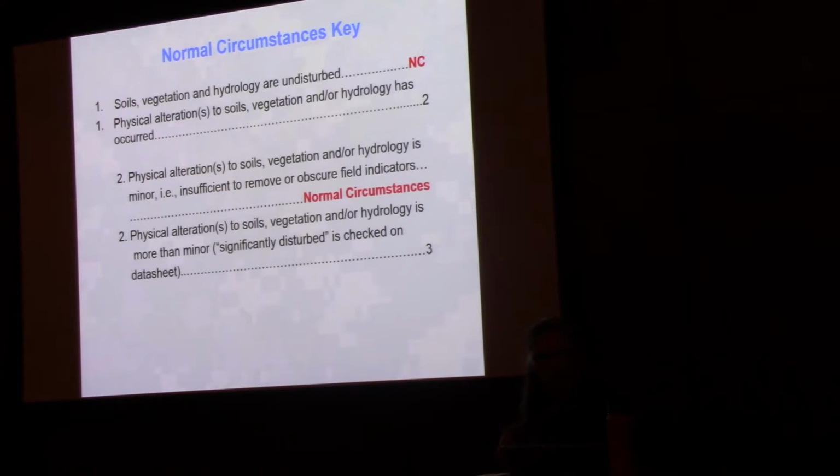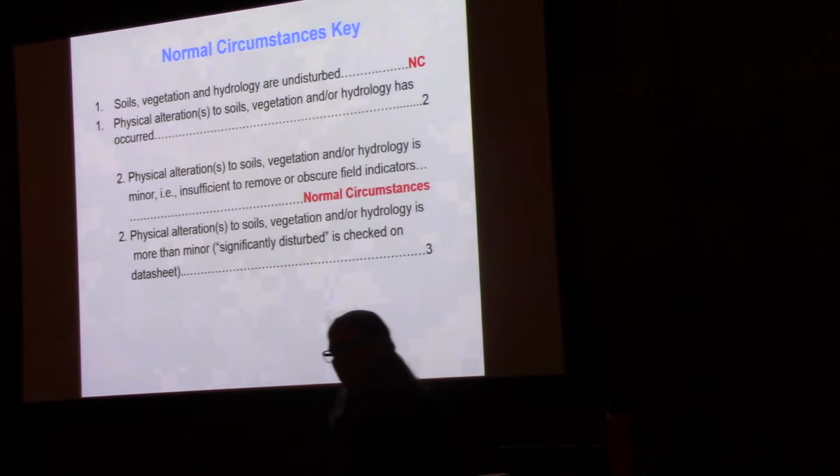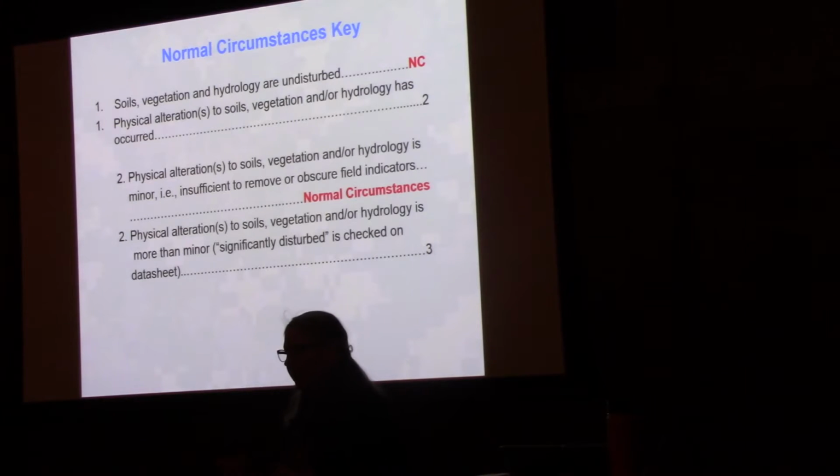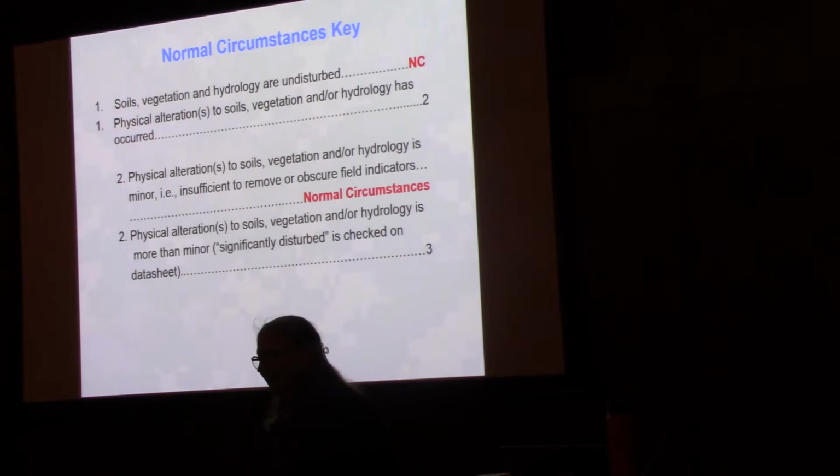So if the soils and veg, or all three parameters, are undisturbed, you have normal circumstances. So that's easy. Then using our dichotomous key, we can get through there. So there has been a disturbance. Well, if the physical alterations are not sufficient to remove the parameters or make it difficult for you to make your call, you can actually still determine that to be normal circumstances.